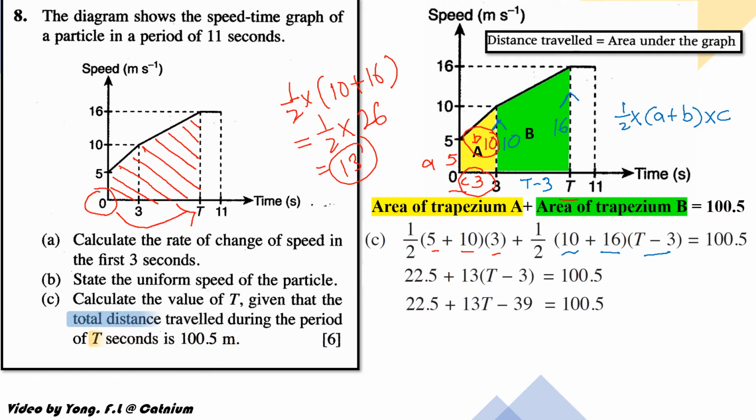So the next part is kita darab masuk. What I'm teaching now is actually not related to Form 5 already, it's basic mathematics. Orang cakap darab masuk. So 13 times t becomes 13t. 13 times 3 is 39. These two numbers, this one is the formula, we just keep it, then these two we move.